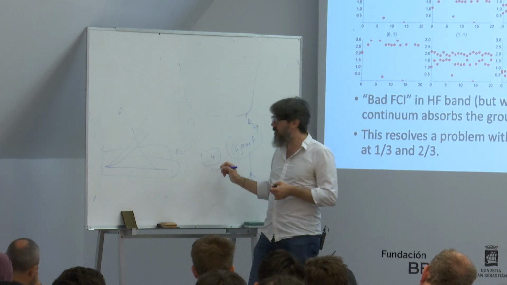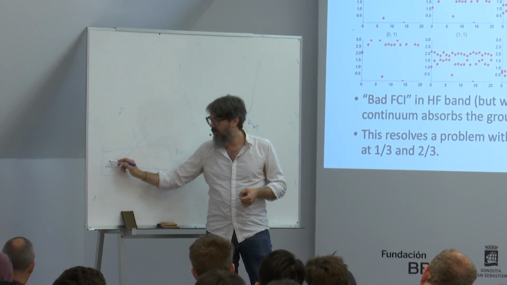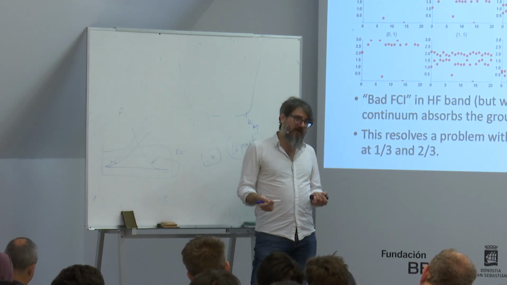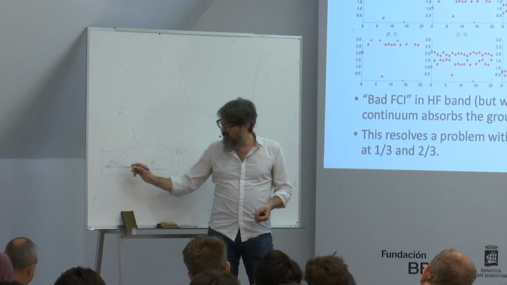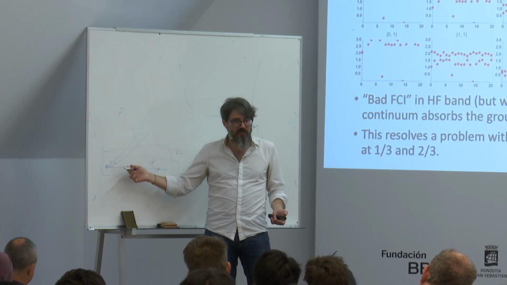But basically what you can do is say, I'm going to restrict the number of particles that can go into the dispersive bands. Now, there's a minimal restriction because the bands are degenerate at these points, so you can't restrict it too much.